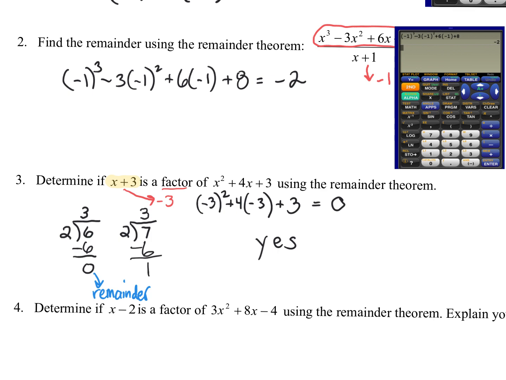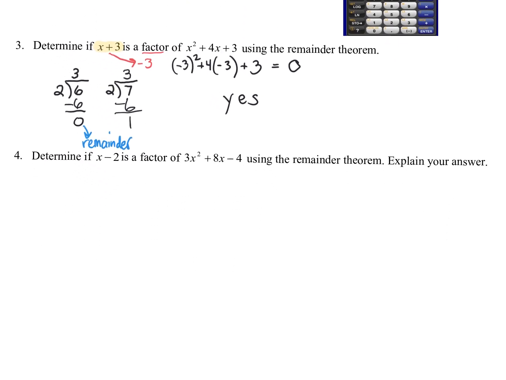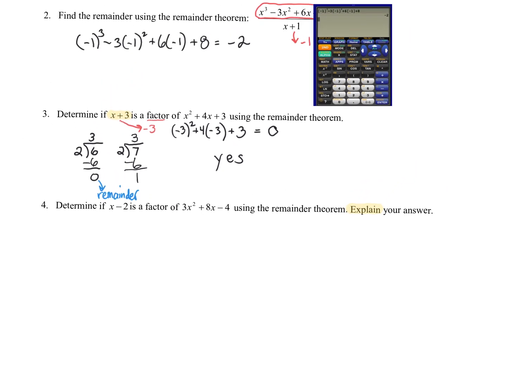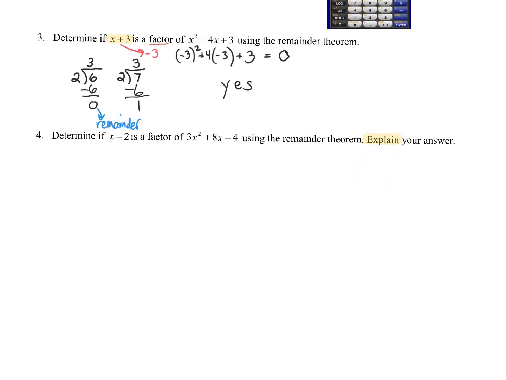All right, moving on to the fourth and last question. Determine if x plus 2 is a factor of 3x squared plus 8x minus 4 using the remainder theorem, and then we're just going to add one more step. We're going to explain this. All right, so we have to find that magic number. So it's always going to be the opposite.